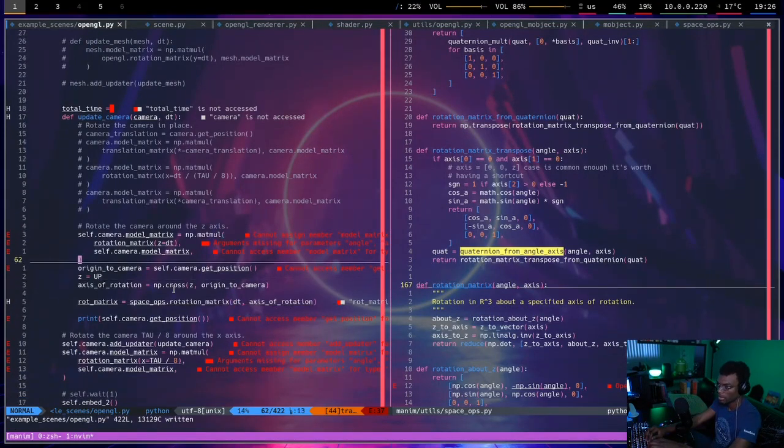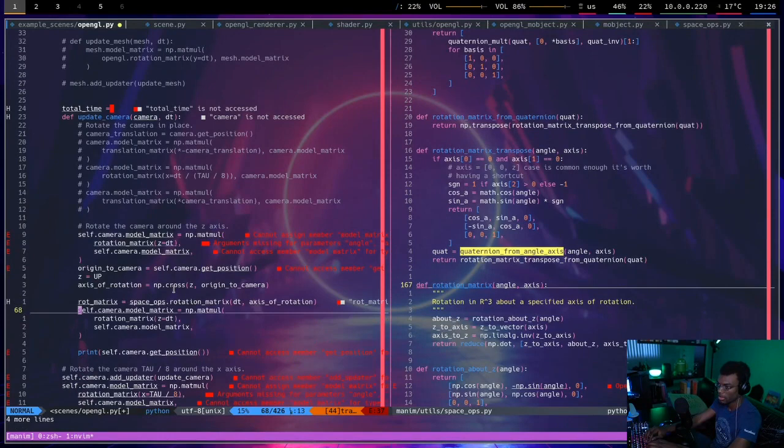Okay, maybe then I can just left multiply this by this, and maybe that'll rotate around that axis.